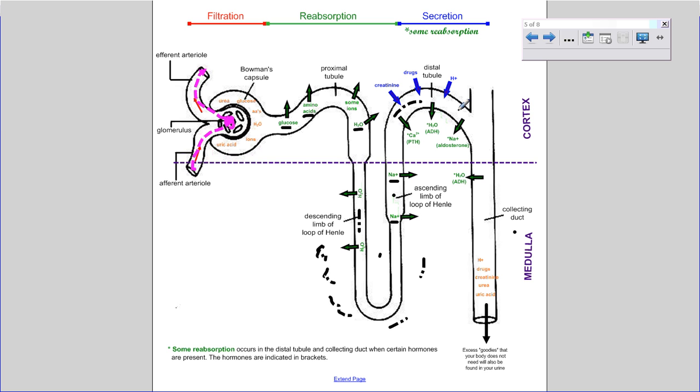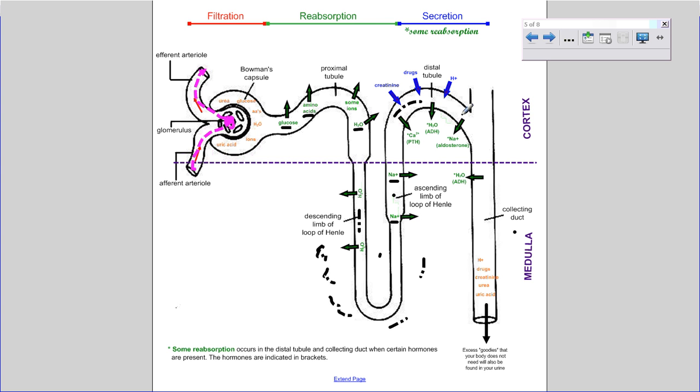So anyway, this last part of the nephron is where we get that last chance to get rid of those wastes. Okay? It's also a region where, depending on your body's situation, there might be some special reabsorption going on.